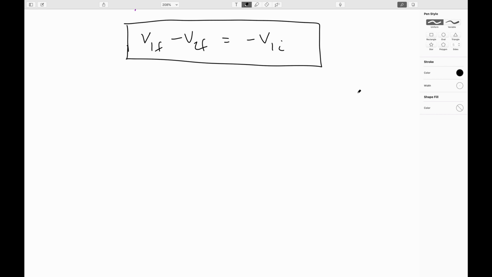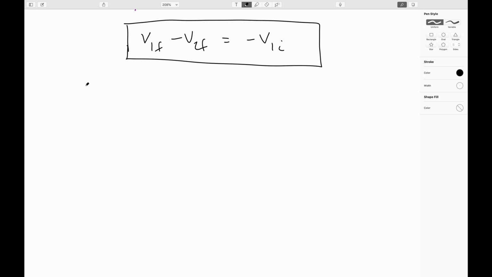Because what this says is if you have an elastic collision, what's this V1 final minus V2 final? That's the speed at which the objects are pulling apart. This negative V1 initial, since V2 was going at 0 to begin with, if we drop minus signs here, that's the speed at which the two objects were approaching.